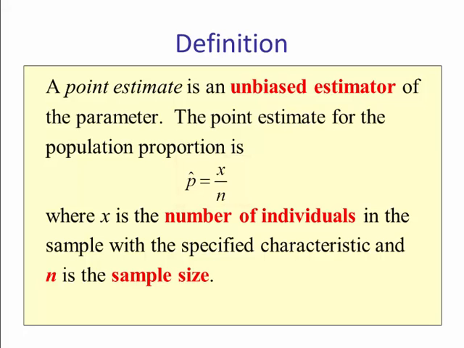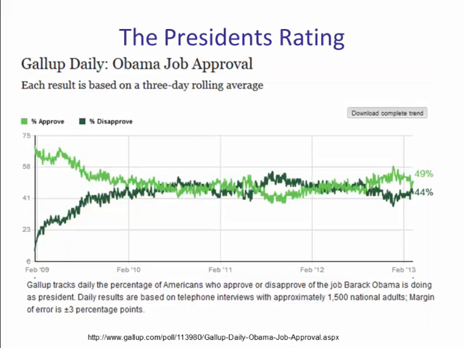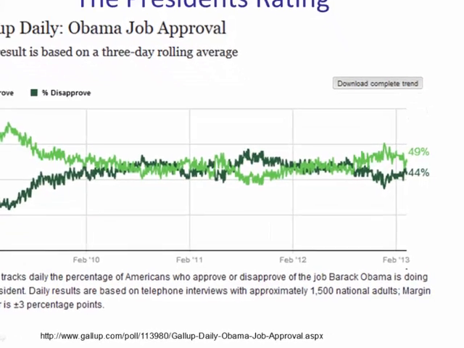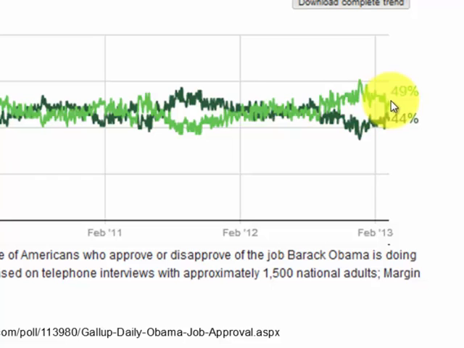Let's look at an example. Here's an example of a poll from Gallup. It's the president's rating, and we see here that there are actually two p hats. One p hat for the percentage that approve of Obama, and then another one for the percentage that disapprove of Obama.